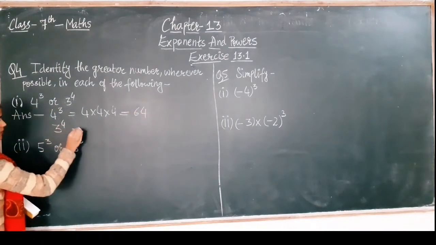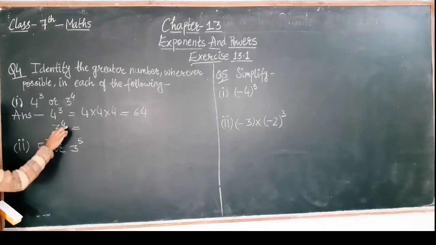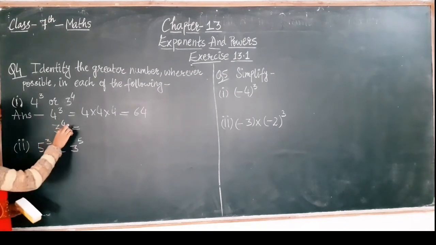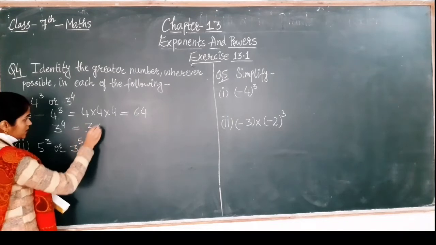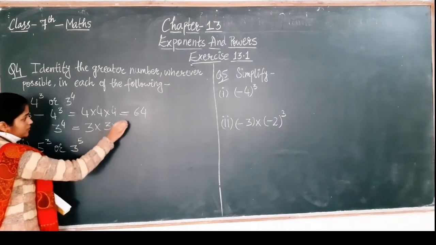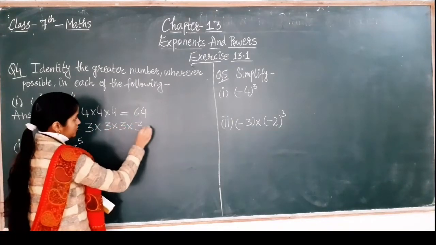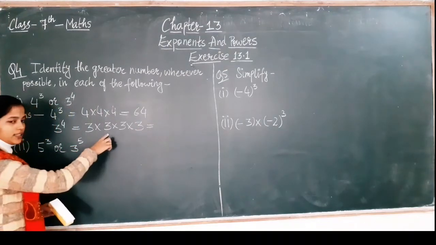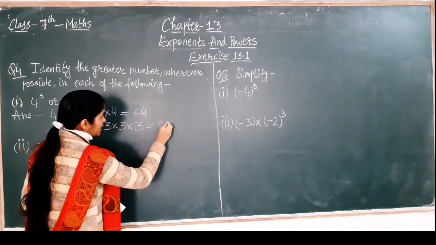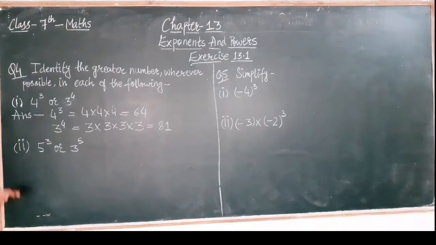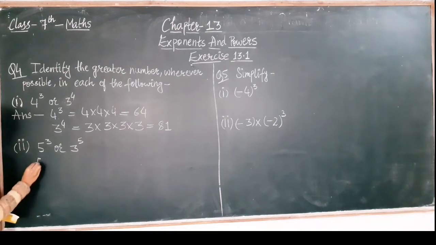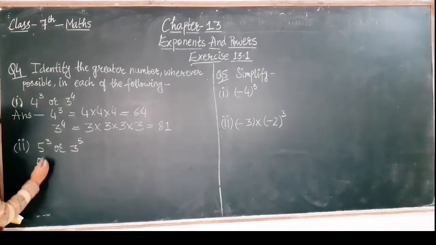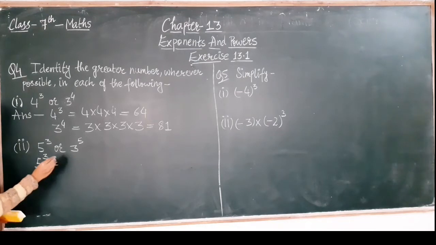And here it is 3 raised to the power 4. So we have to multiply 3 four times. If we multiply 3 four times, we will get 81. The second question is the same as the first question. Here we have been given 5 raised to the power 3.